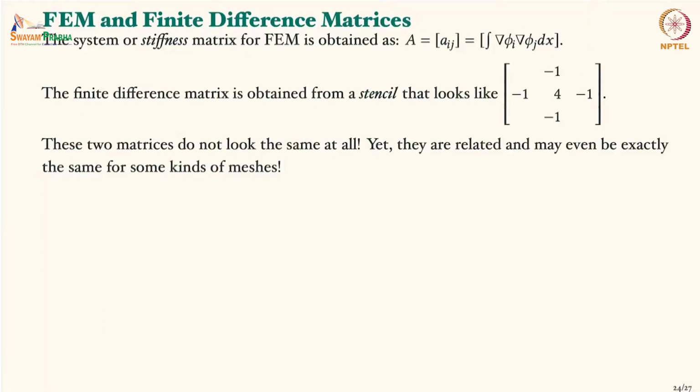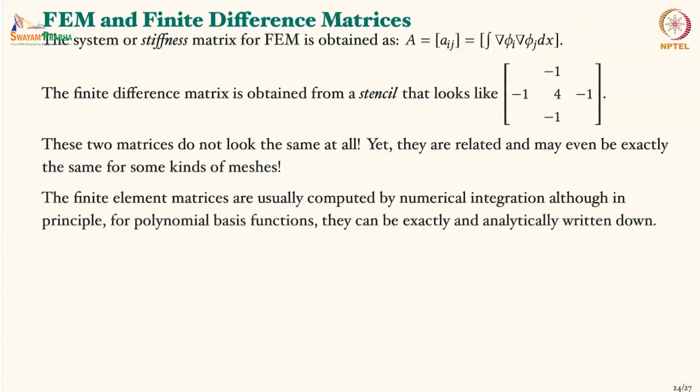It's not something incredible. You can make arguments for this coincidence, but it's a feature in 1 dimension and 2 dimensions. It's not true even in 3D. There's no way to make the 3-dimensional finite difference and finite element matrices ever coincide, even if you do this extended finite element on grids or finite difference on 3-dimensional meshes.